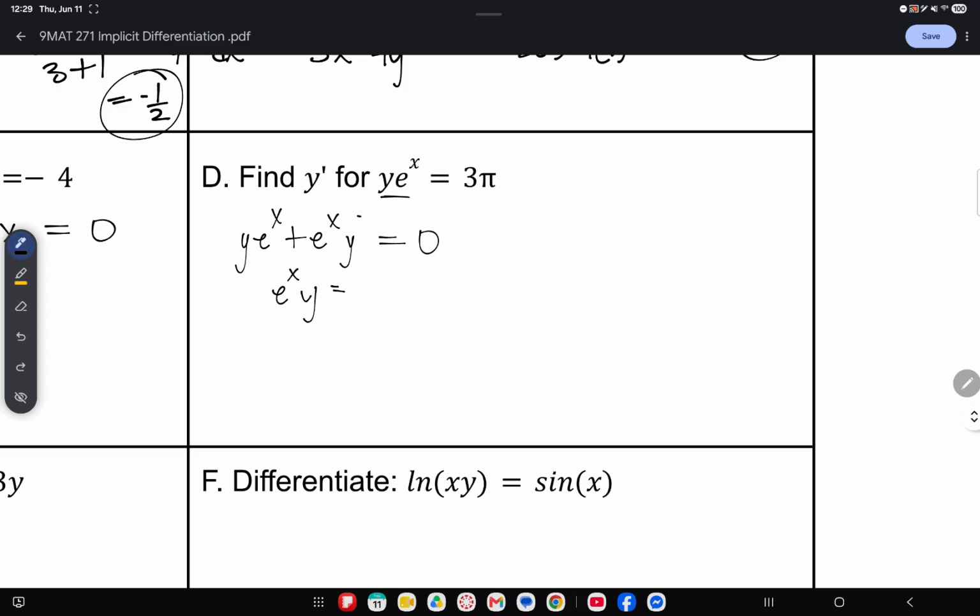I should really curve it. Now it looks like a 7. Maybe. I'll subtract over the y e to the x. And now divide both sides by e to the x. So actually, y prime is negative y.